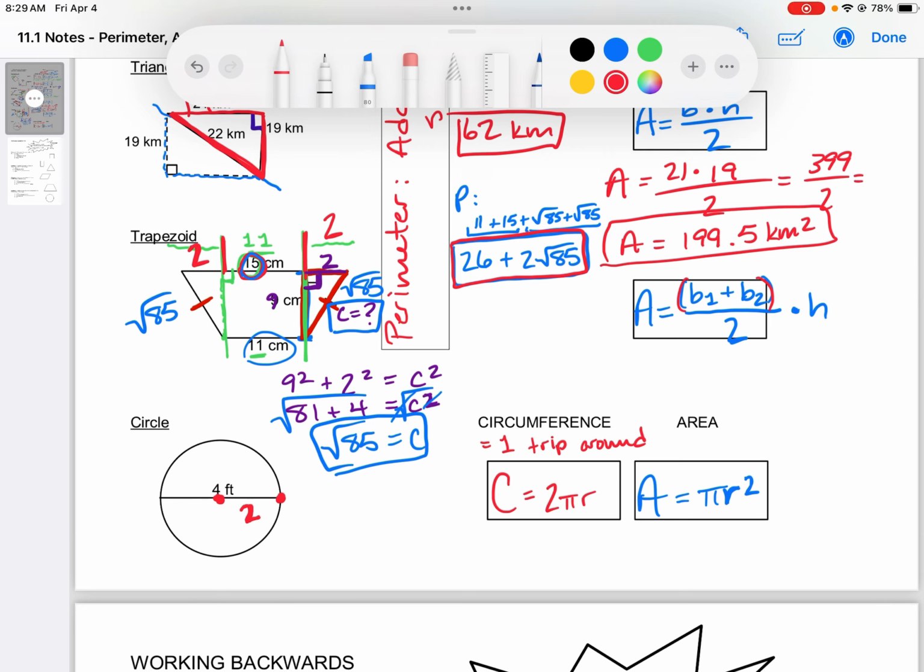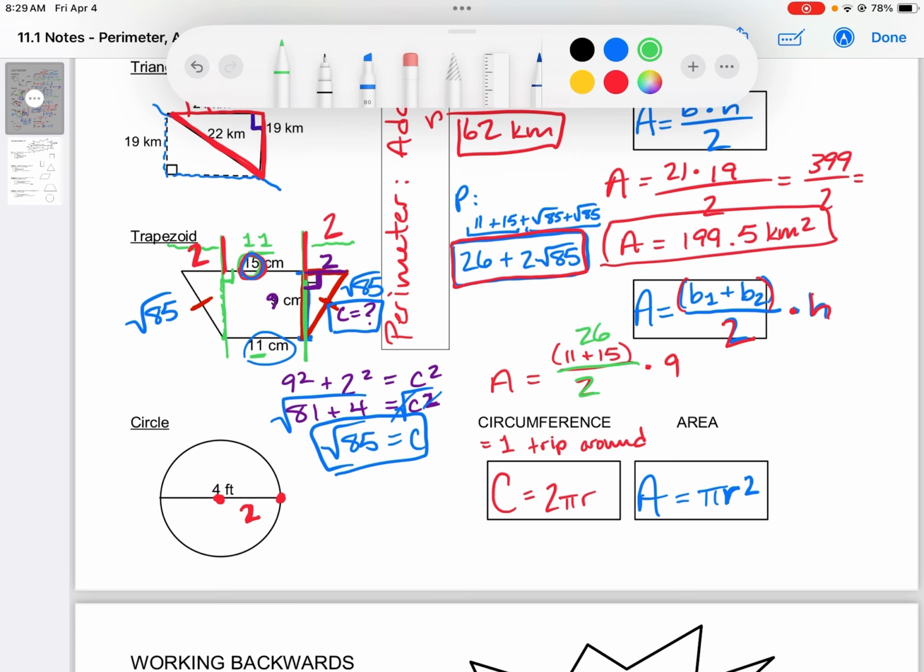Now for my area, it's going to be the two bases added together divided by 2 times the height. So base 1 is 11, base 2 is 15. I'm going to divide that by 2 and multiply it by the height, which is 9.